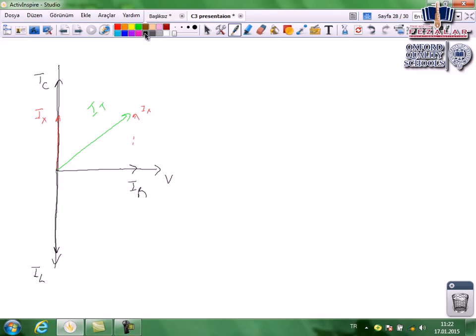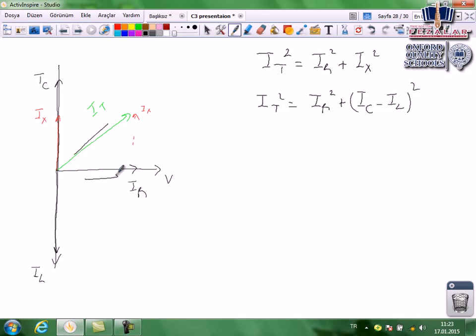Now the total current in this circuit can be calculated as the square root of IR squared plus IX squared. That means I total squared is IR squared plus (IC minus IL) squared. Then this is current and this is voltage. The angle between them is called the phase difference angle, and is shown by phi.